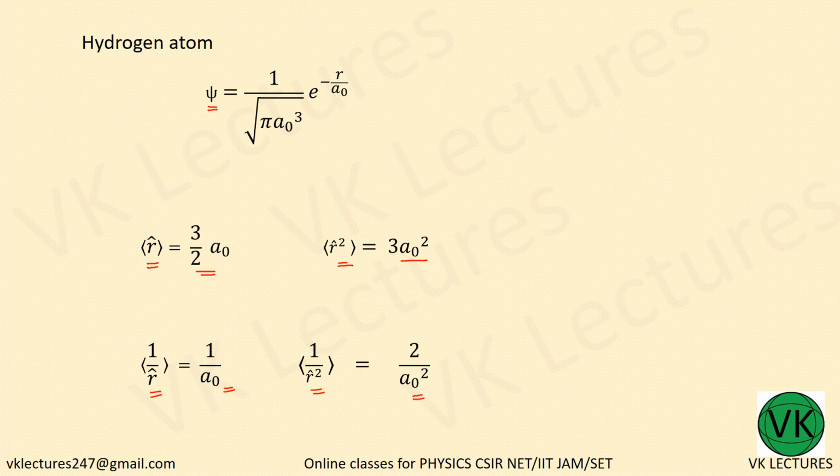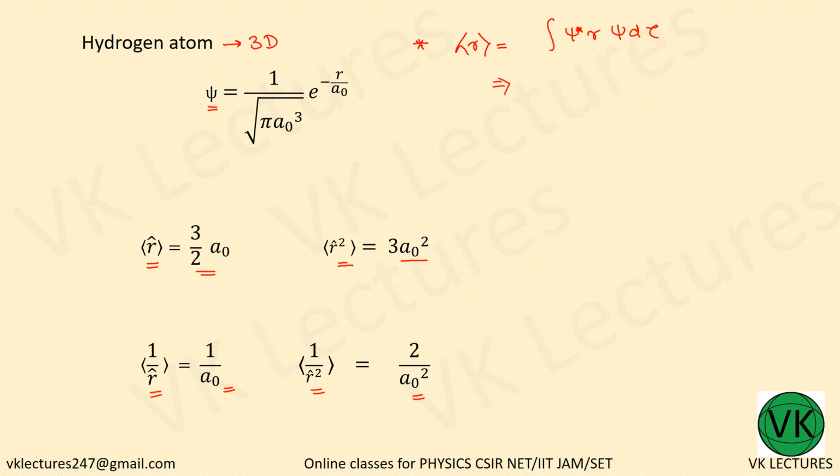Now, just as an extra note, we can write the expectation of r as the integral of psi* r psi dτ. Why dτ? Because we are dealing with the hydrogen atom, which is a three-dimensional problem.